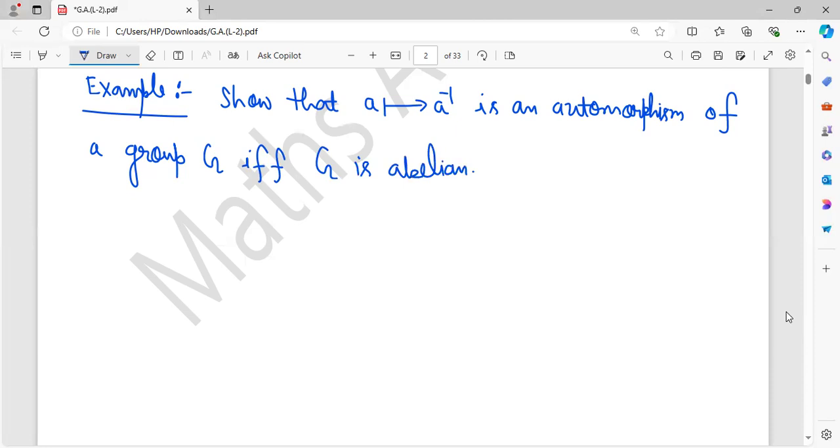So we have to show that the map A goes to A inverse is an automorphism of a group if and only if G is abelian. Okay, so let's see its solution.